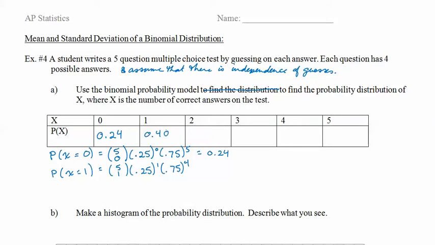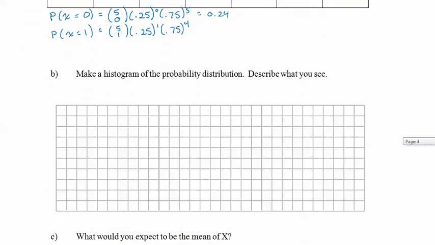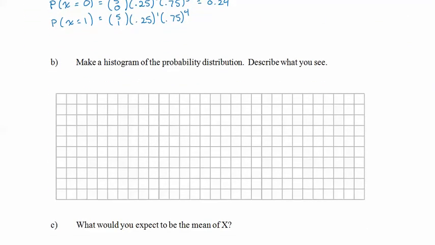So you should have gotten 0.40, 0.26, 0.09, 0.015, and 0.001. So we're being asked to make a histogram of our probability distribution and to describe what we see.